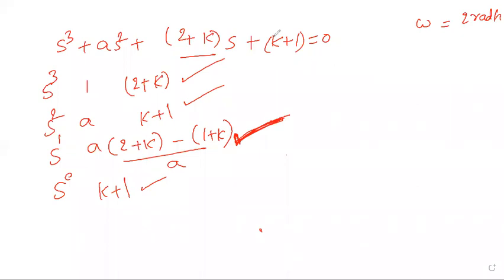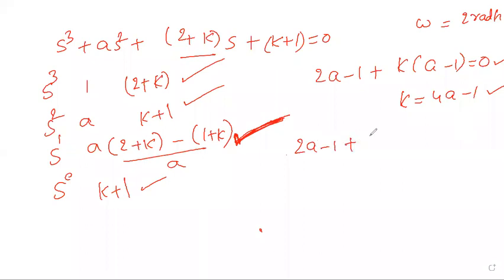First equation is 2a minus 1 plus k into (a minus 1) equal to 0, and the second equation is k equal to 4a minus 1. So from these two equations, 2a minus 1 plus (4a minus 1) into (a minus 1) equal to 0. Is it correct or not?